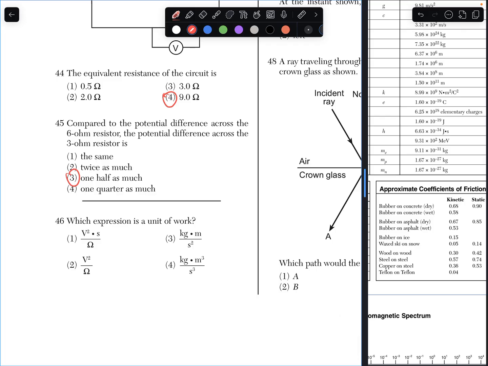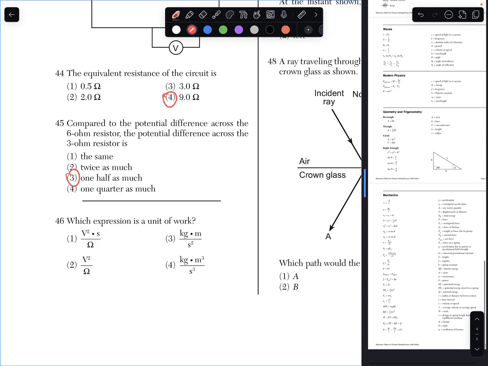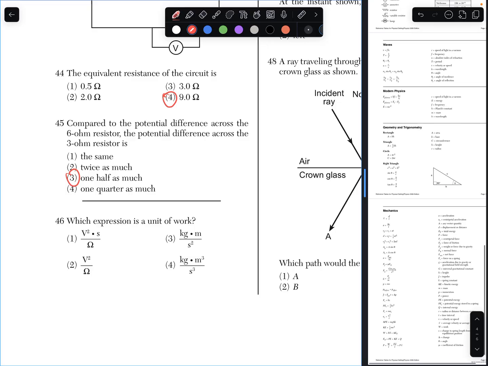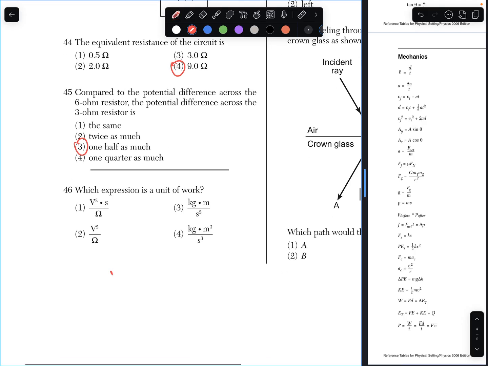Which expression is a unit of work? If we go to the work formula, this is what I like to do. Work is equal to force times distance. Force is measured in newtons, distance is measured in meters. Is that any of the answer choices?